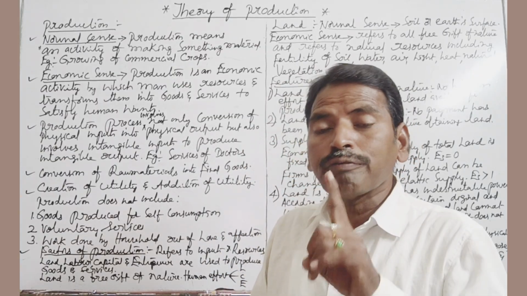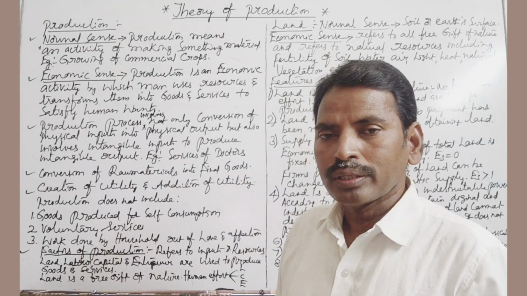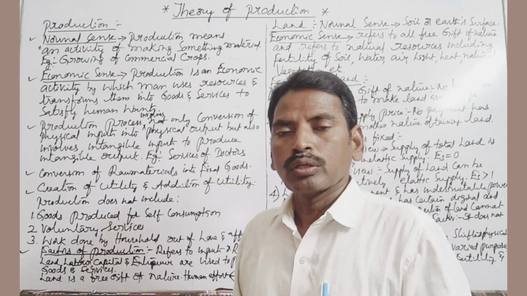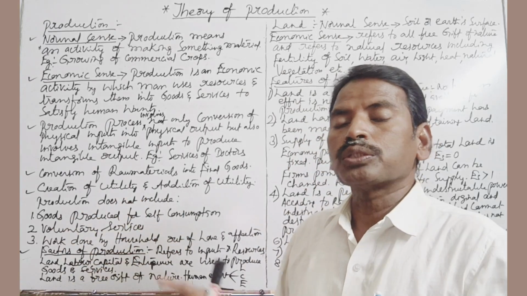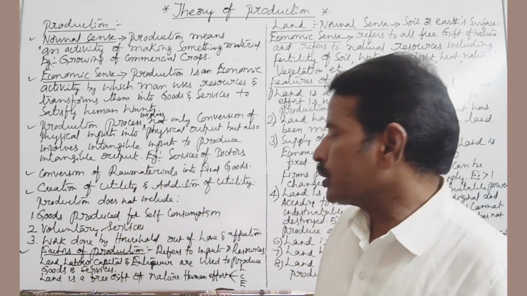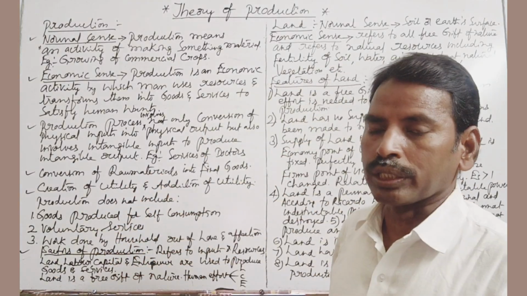But the prices of factors of production are rent to the land, wages to the laborer, interest to the capital, and profits to the organizer.